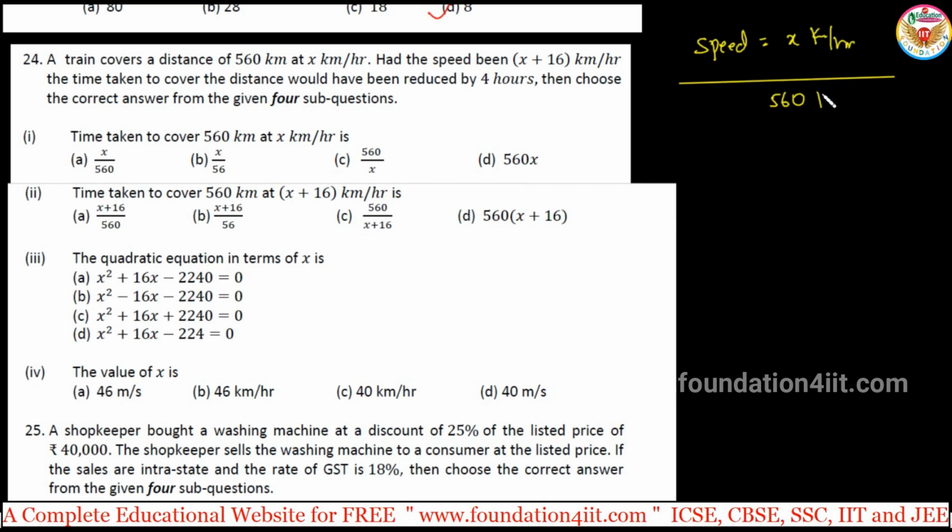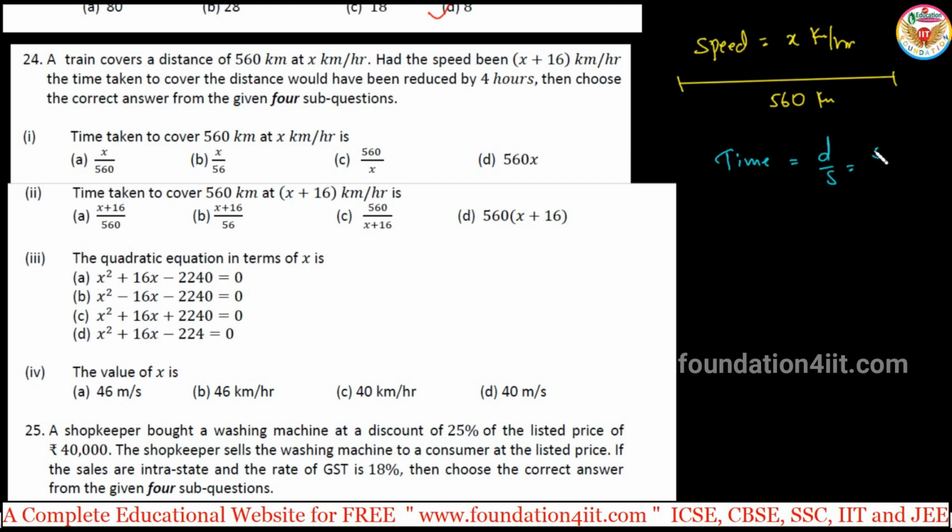So from here to here, right? The time taken to cover 560 kilometers at x, we know the formula: time is equal to distance by speed. Distance is 560, speed is x, so 560 divided by x. So option C is the right answer.